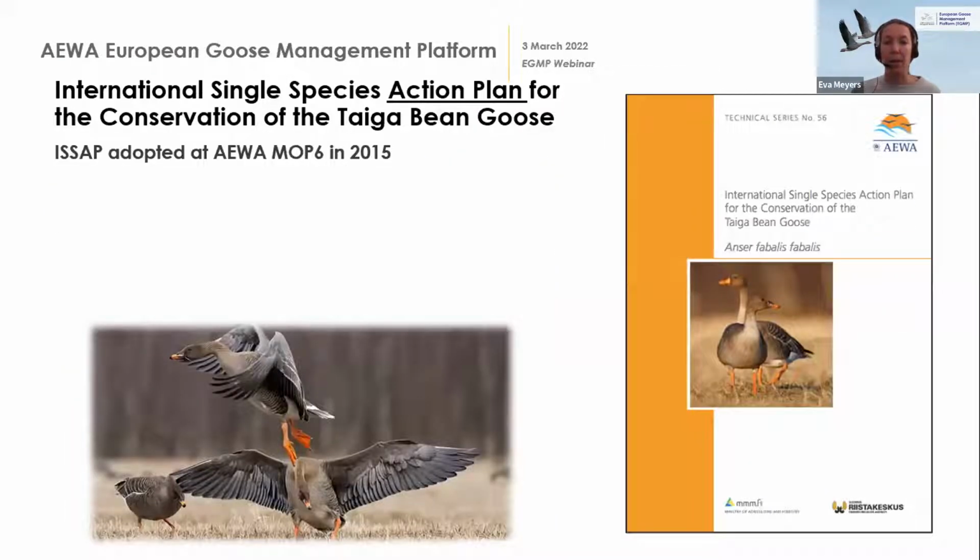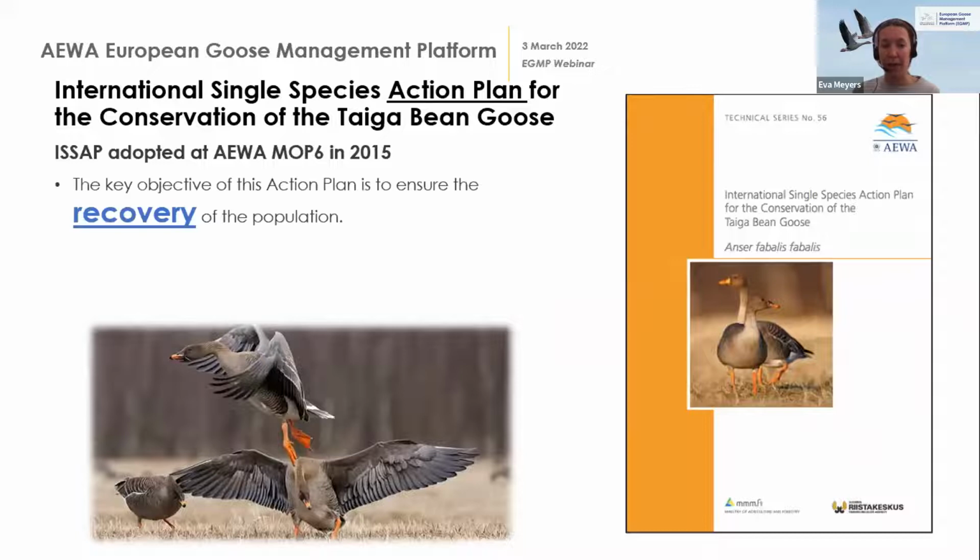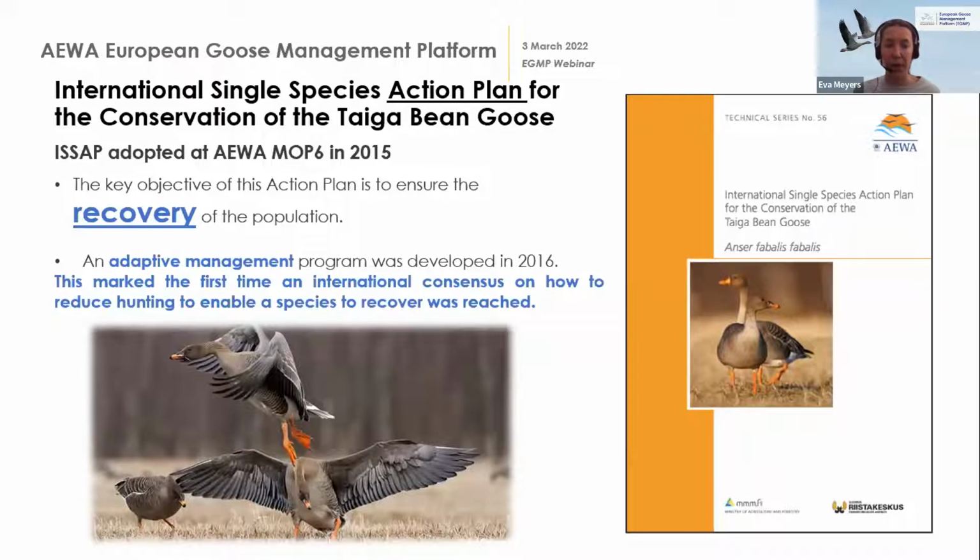The next plan under the EGMP is the action plan for the conservation of the taiga bean goose. As mentioned before, this is an action plan, which is different to the management plan since it has a recovery objective for the population, and an adaptive management program was also initiated underneath this plan as part of that process.